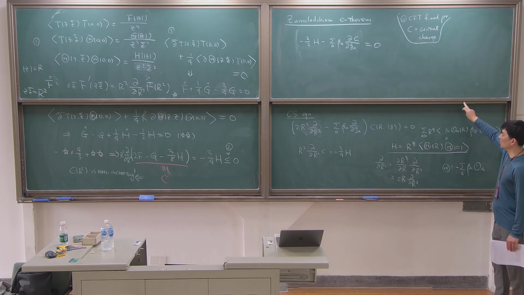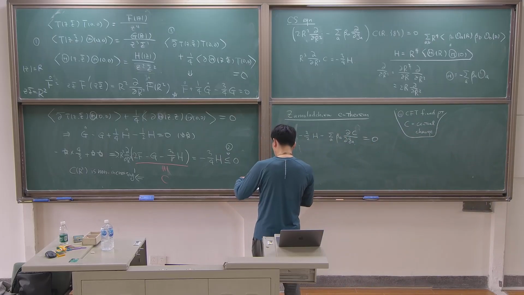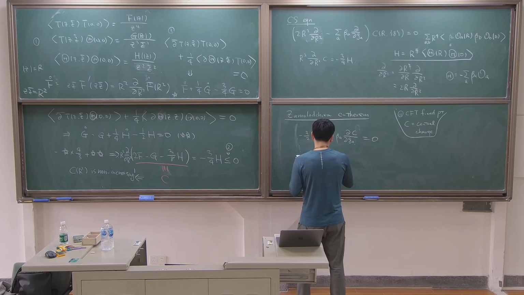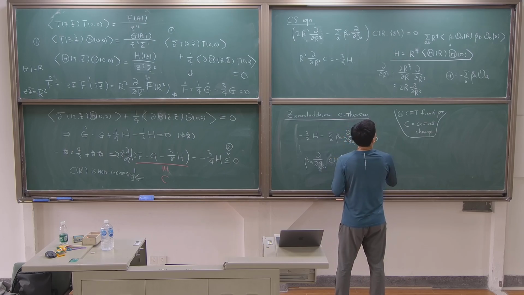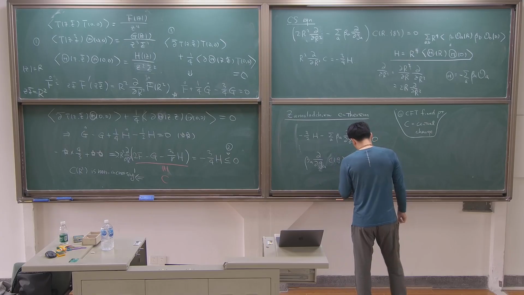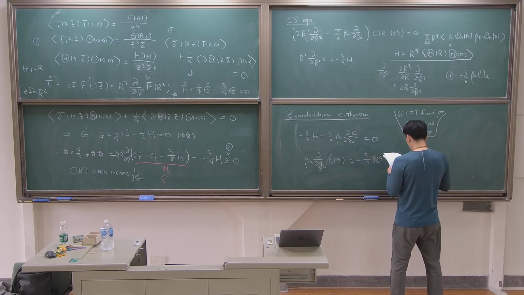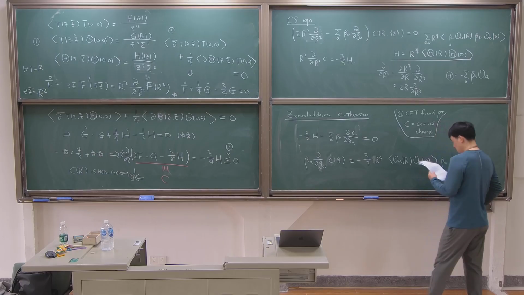Now h is equal to this one, which means that this is equal to minus 3 over 2h, with h being this, a sum of r to the 4th times beta^A beta^B.